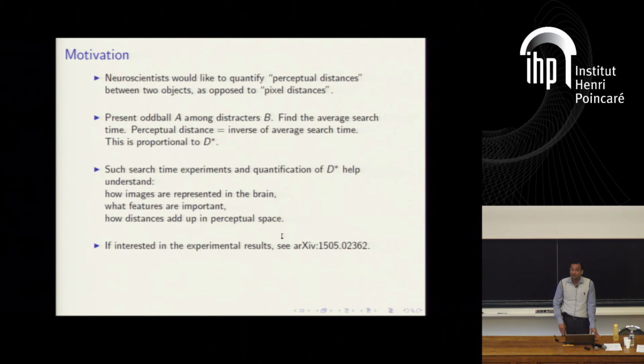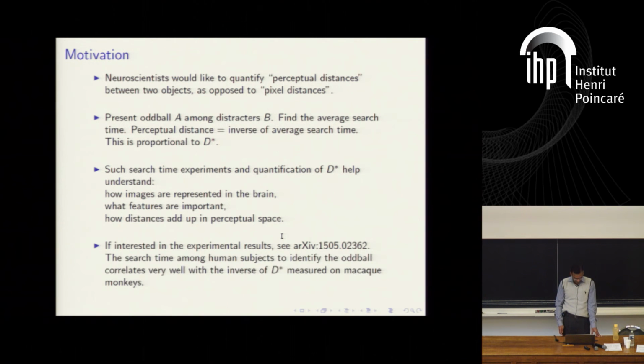We have analyzed some actual experimental results. If you're interested in these results, there is a paper that you can get from arXiv. Here, the search time amongst human subjects to identify a certain oddball was found to correlate very well with the inverse of D star, the quantity that I introduced in the previous slide.